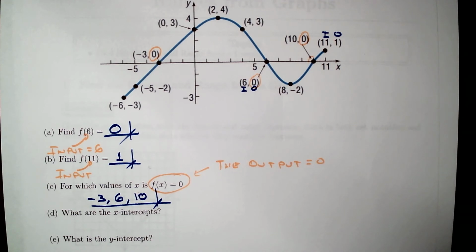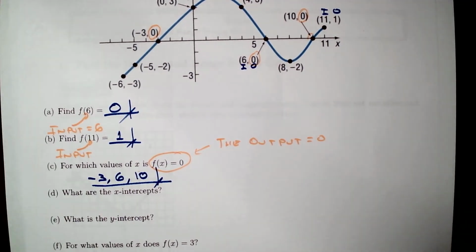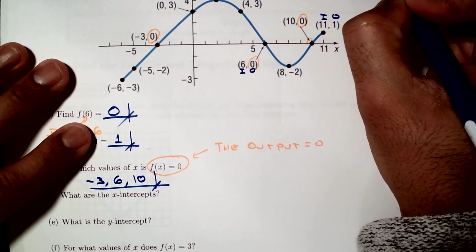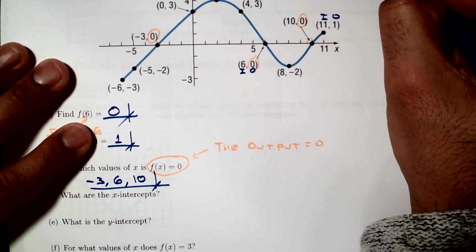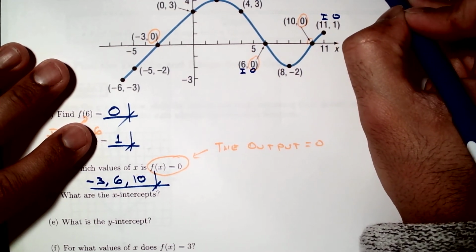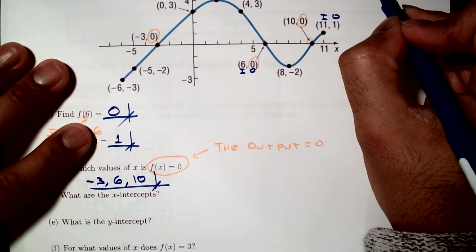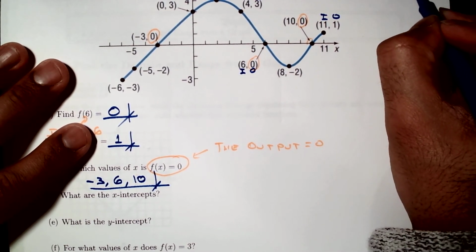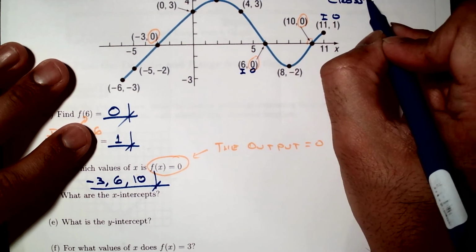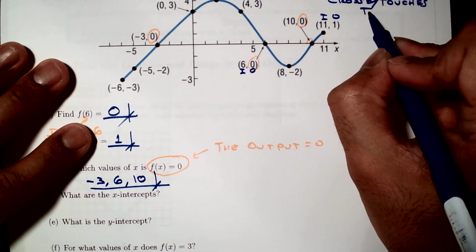What are the x-intercepts? Let's write down those definitions here. X-intercept: point or points in which the graph crosses or touches the x-axis.